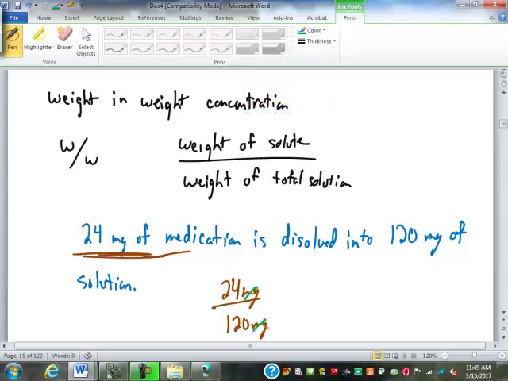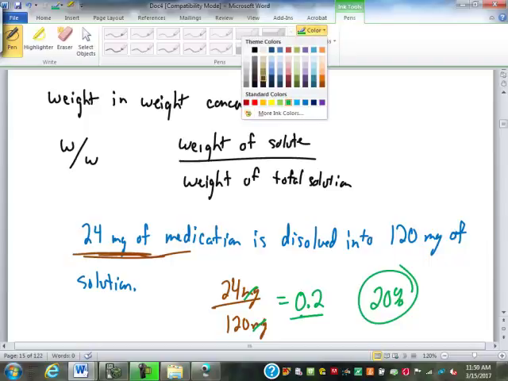So the milligrams cancel out. 24 divided by 120 is 0.2, so a concentration of 0.2 or 20%. That would be a 20% solution.